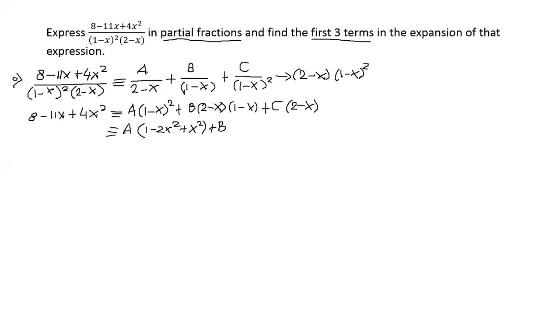And the second term, 2, because 2 times 1, and negative 3x, because negative 2x minus x, and then plus x squared. And for c it becomes 2c minus cx.